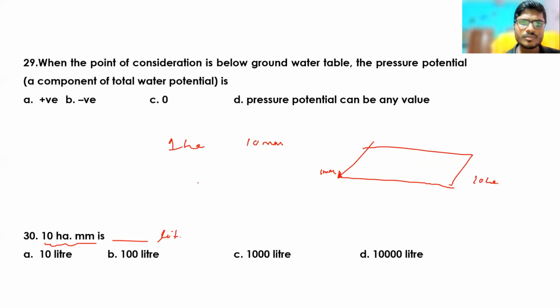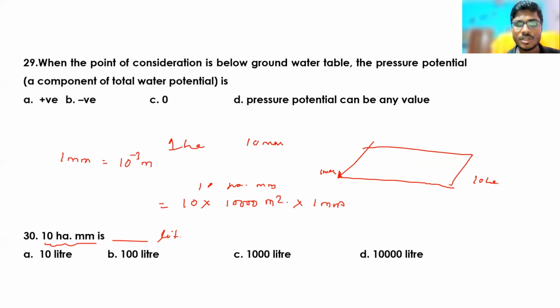That is 10 hectare millimeter. So here 1 hectare is 10,000 meter square, and 1 millimeter is equal to 10 to the power minus 3 meter. So here we can write 10 to the power minus 3 meter instead of 1 millimeter. Now it is 10 to the power 4 meter square into 10 to the power minus 3 meter.